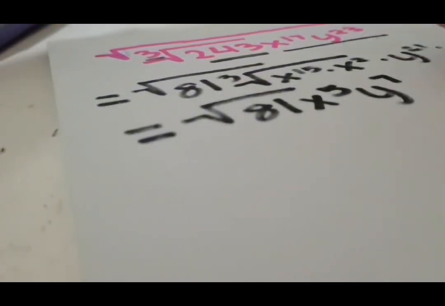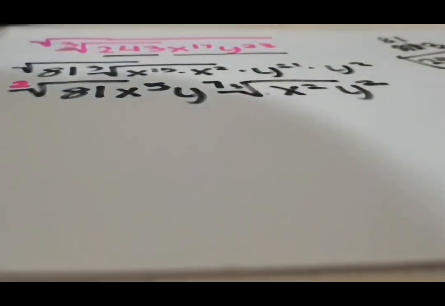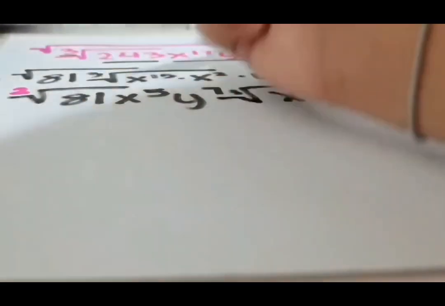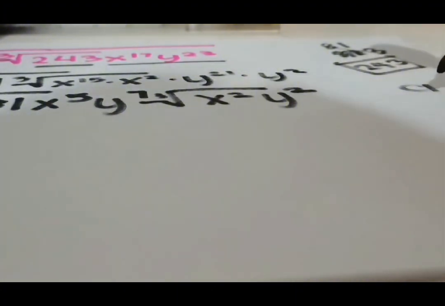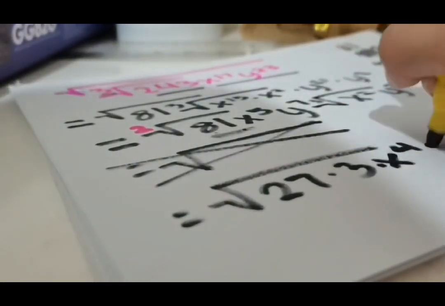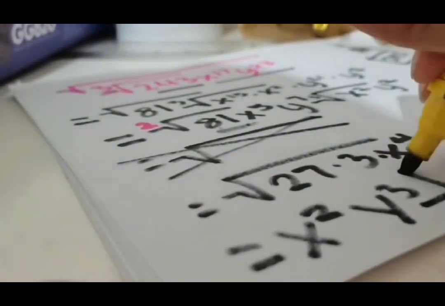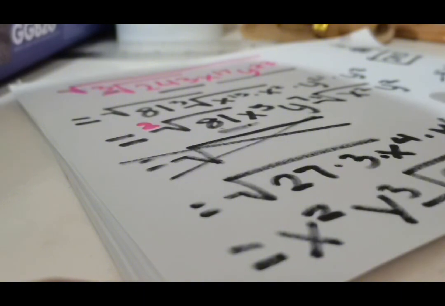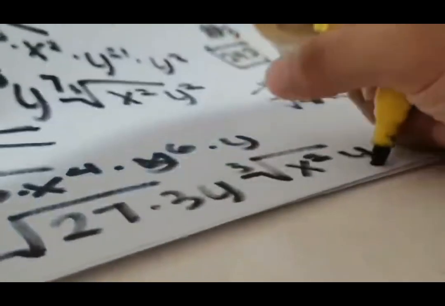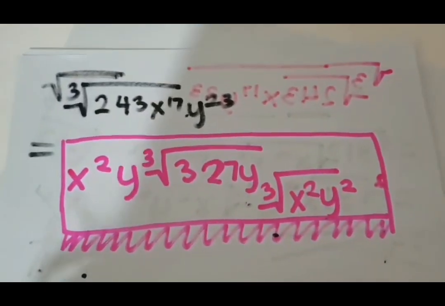Since x raised to 15 is x raised to 5, y raised to 21 is equal to y raised to 7, we can now put x squared and y squared into the cube root. Now we find the square root of the given. 27 times 3 is equal to 81, and then we can factor x raised to 5 and y raised to 7. Since x raised to 4 and y raised to 6 are factorable by 2, this is now the answer.